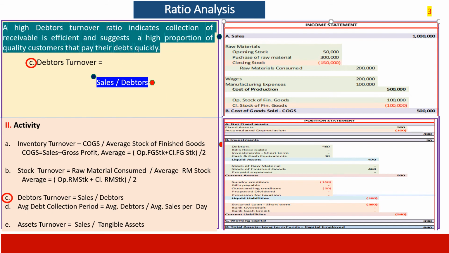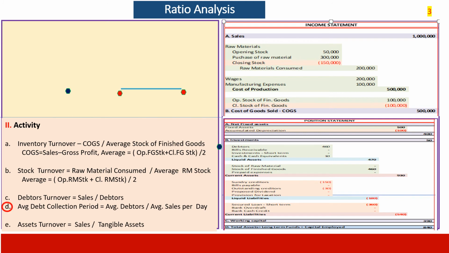A higher debtors turnover indicates collection of receivables is very efficient and there are quality customers who pay their debts quickly. If the turnover is less, it means the money is stuck. The fourth is average debt collection period.